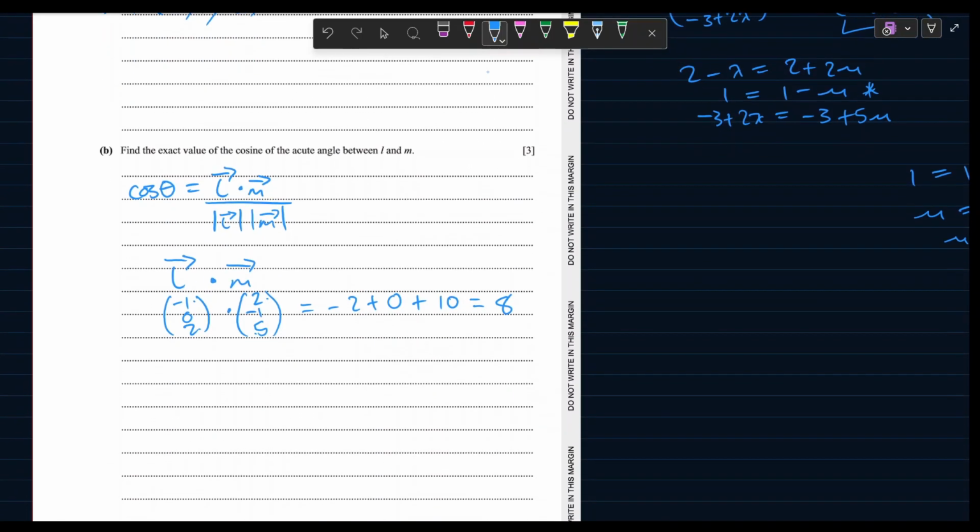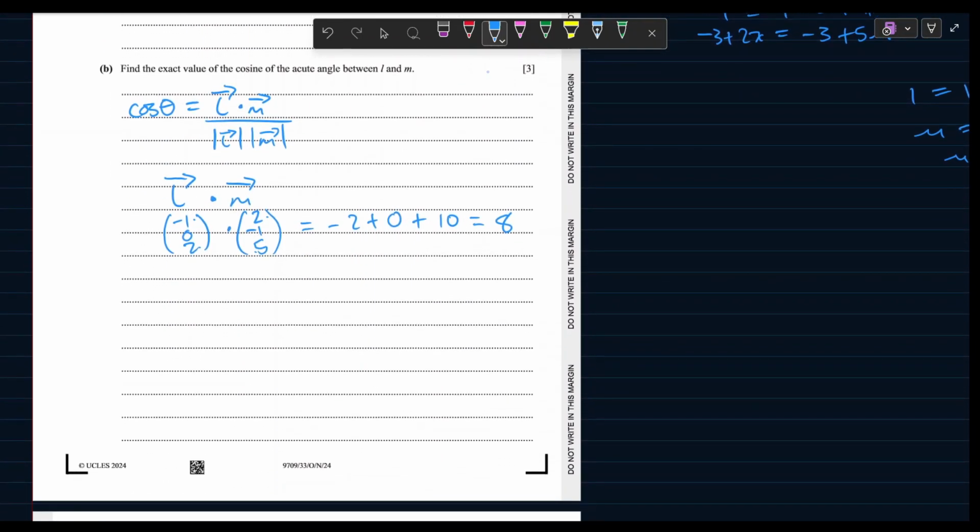Apart from the dot product, we also need to find their magnitudes. So the magnitude of the direction of L is going to be -1 squared plus 0 squared plus 2 squared. So this is 1 plus 4, 5. So that's root 5.